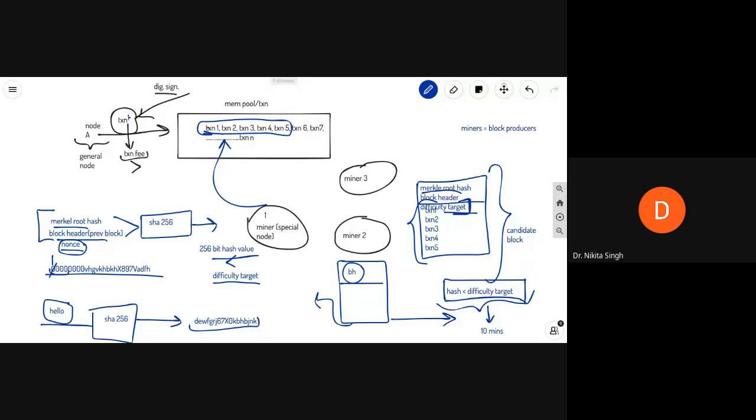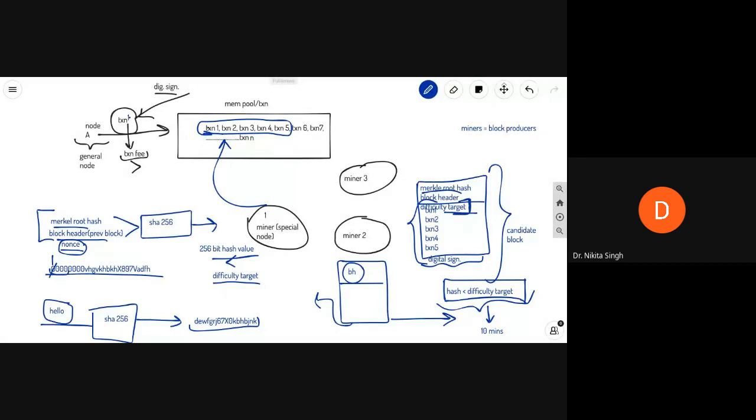As soon as you find the hash value that is less than the difficulty target, which means you have created a block, the miner will put their digital signature on the block and broadcast the block to all the participants on the blockchain.